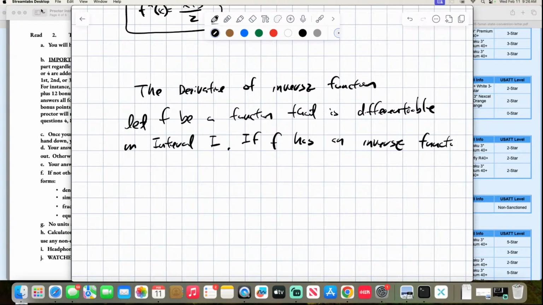So I'm going to read it to you: g prime of x equals 1 over f prime of g of x, or f inverse prime of x is equal to 1 over f prime of f inverse of x, because we just defined f inverse as g of x.